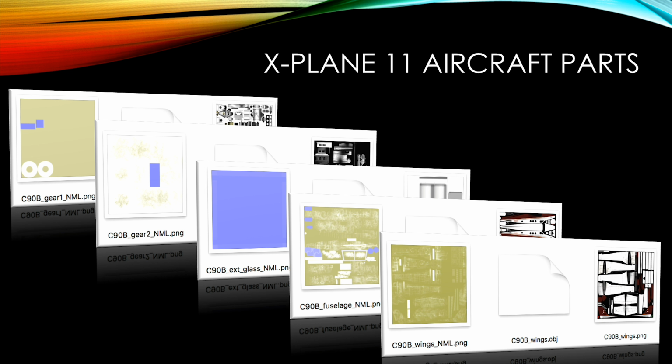So let's have a look at what an aircraft in X-Plane actually looks like. It's made up of a number of different parts. For example, the wings, the fuselage, any glass, the gear, cockpit, and here you see a number of these aircraft parts for our aircraft.